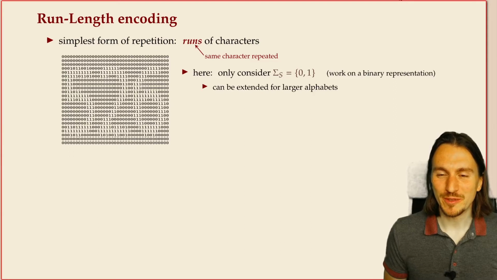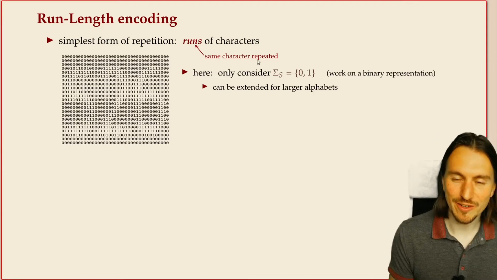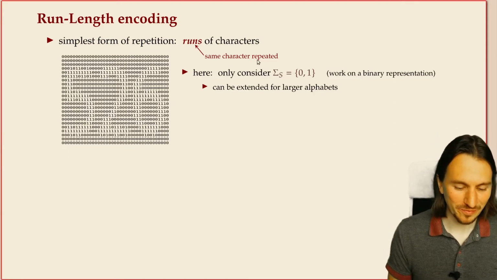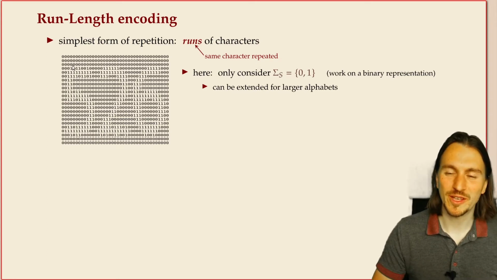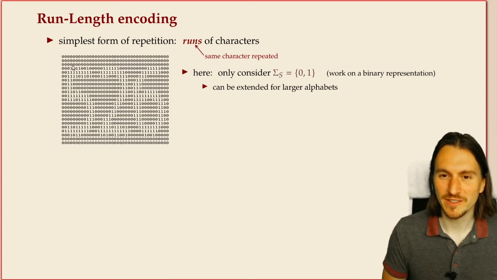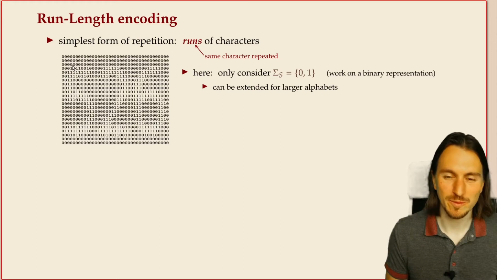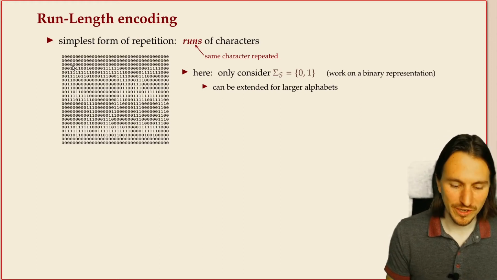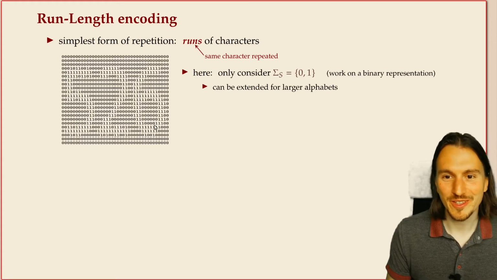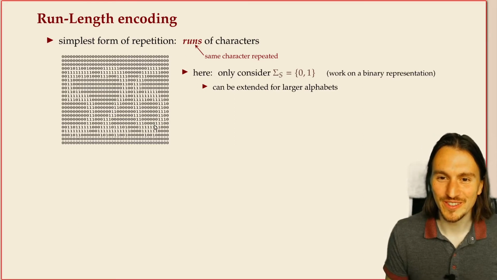A simple form of repetition is the same character repeated many times. And an obvious application of this might be a black-white scan of a text page, say, where you have some text. You can hopefully see this.